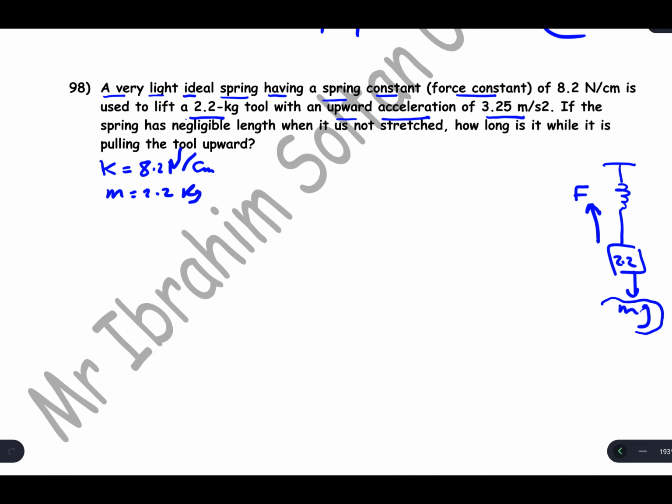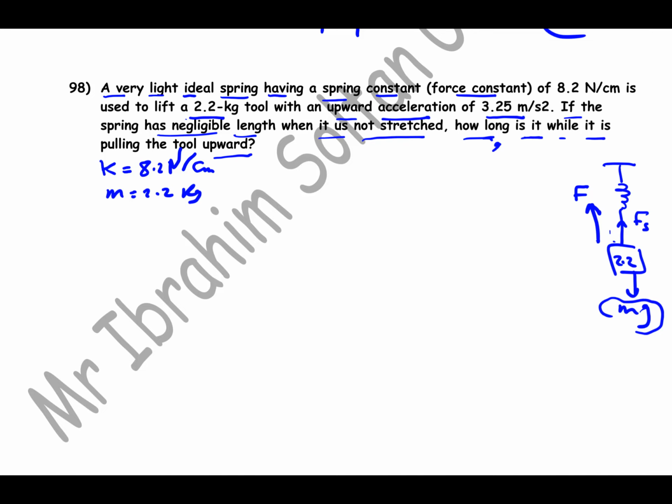And because of the weight, there is force for the spring trying to return the spring to its equilibrium position. If the spring has negligible length when it is not stretched, how long is it? He asked how far it is when pulling the tool upward. He needs the X that will go upward.